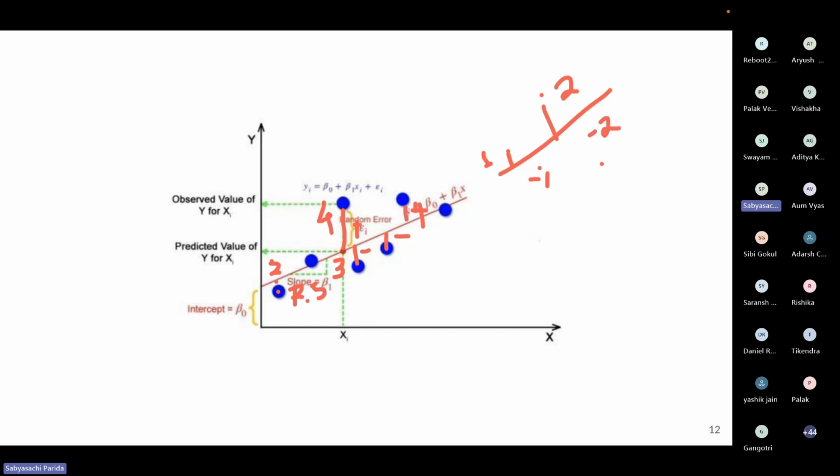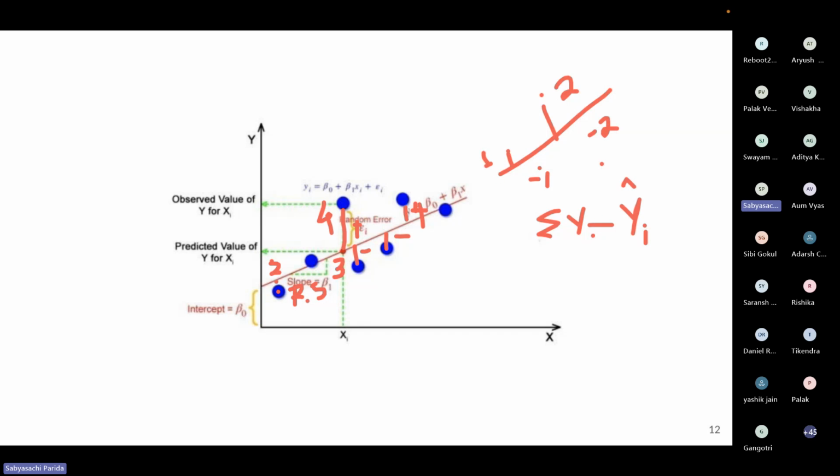If I take the difference between the target variable and the predicted variable and sum all of that, the sum of y minus yi cap, it would cancel out.